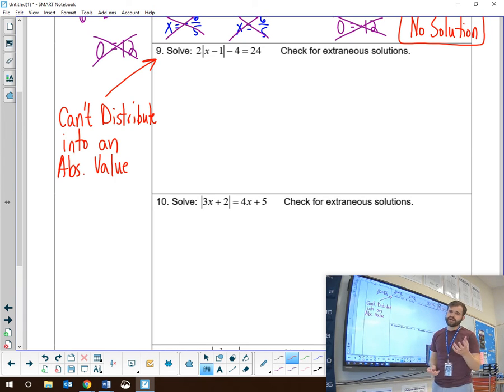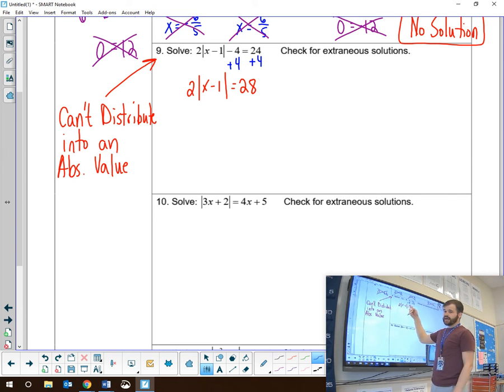We're still trying to get that absolute value by itself. And to do that, I have to get rid of that 2. So what it's going to look like instead is I'm going to start off by adding 4 to both sides. And so I'm going to have 2 times the absolute value of x minus 1 equals 28.